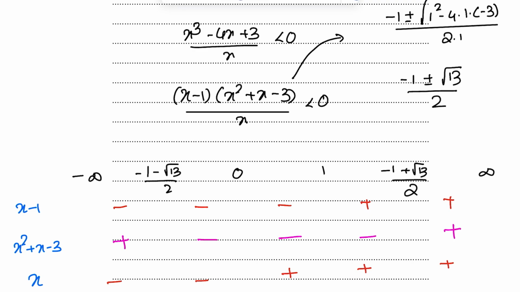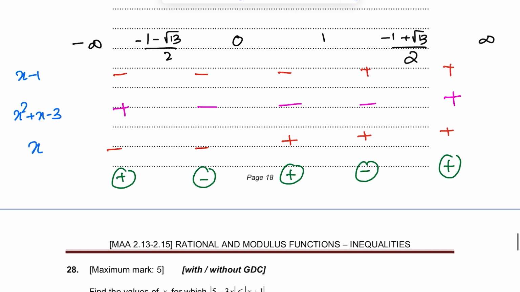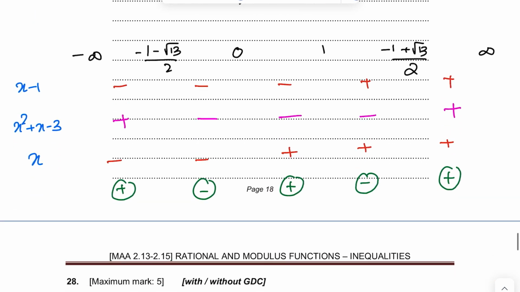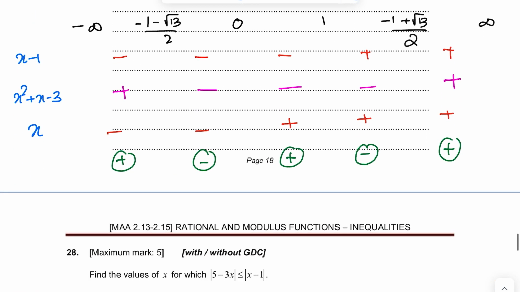So finally my answer is going to be positive, negative, positive, negative, and positive. It is less than 0 between (−1 − √13)/2 and 0, and also between 1 and (−1 + √13)/2.